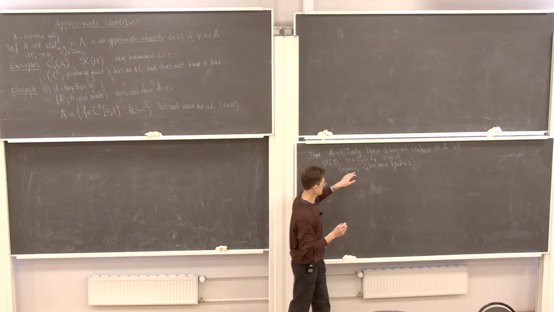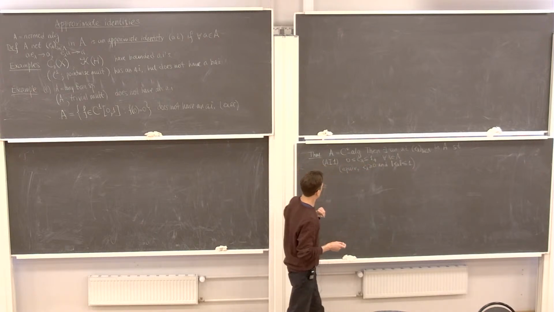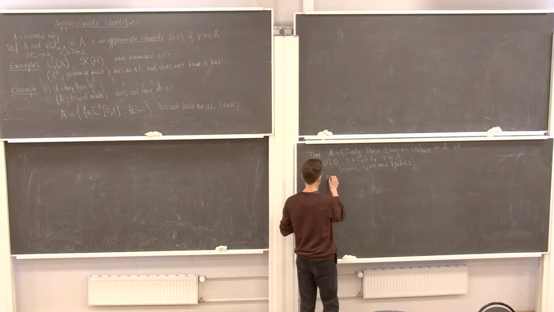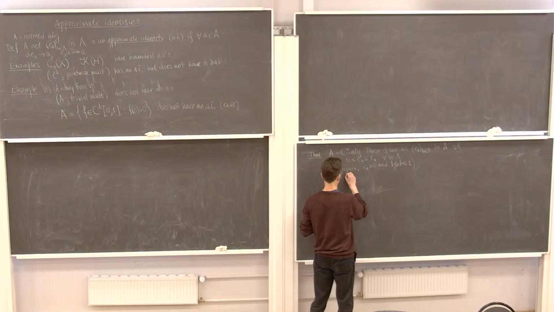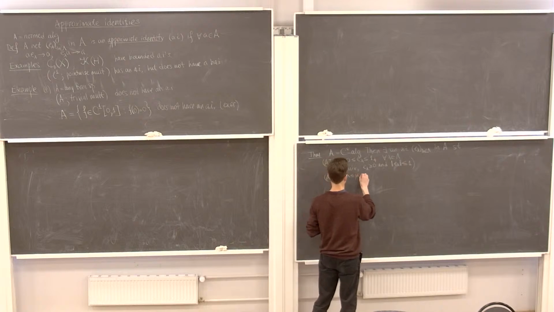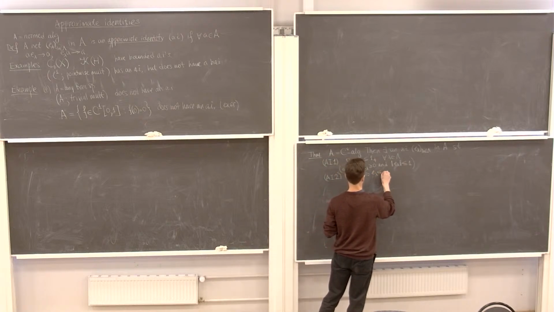This was proved at the previous lecture. And condition AI2 says that our net is monotone. If lambda is less than or equal to mu, then E lambda is less than or equal to E mu.